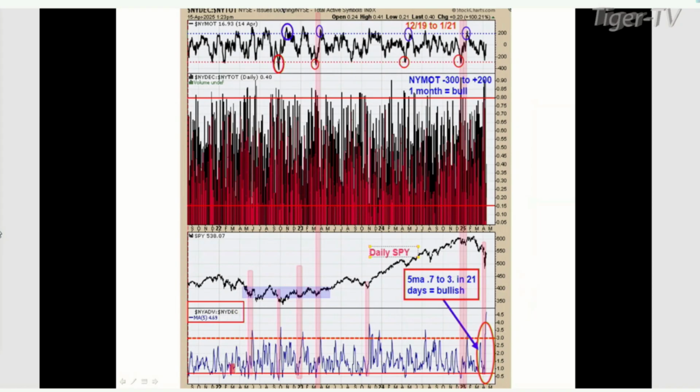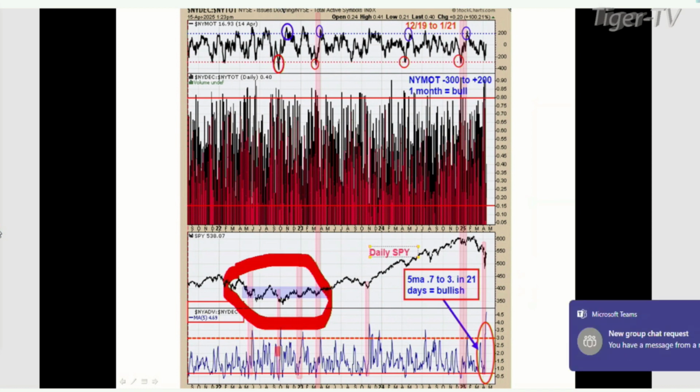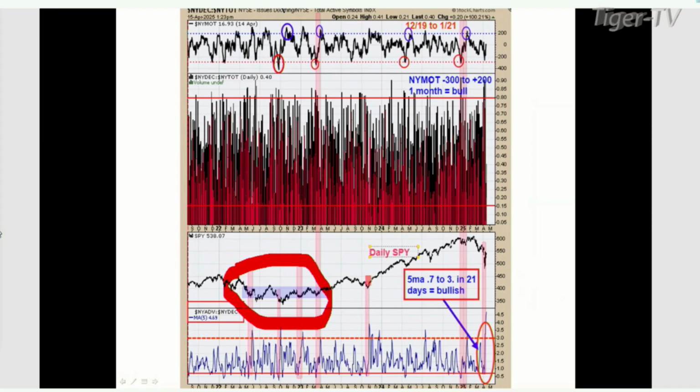I went back to about 2021, and I marked the times in this shaded pink area where that ratio did go below 0.7 and rally to 3 or higher within 21 days. If you notice, they kind of cluster here. This is the last 2022 bottom, and they all came at the same level. Here's the bottom here. It turned out to be correct.